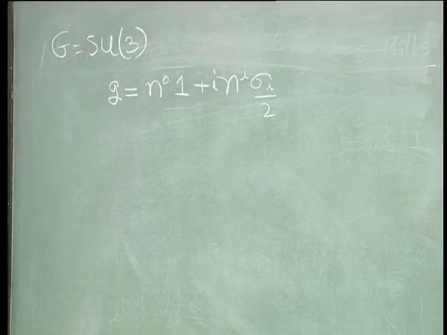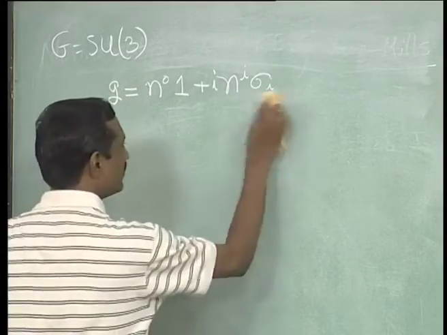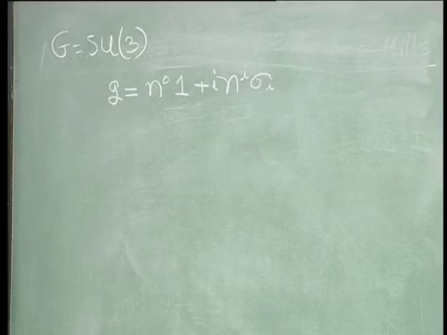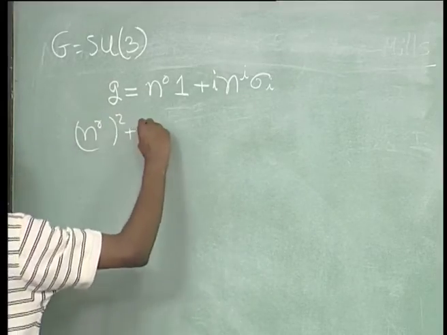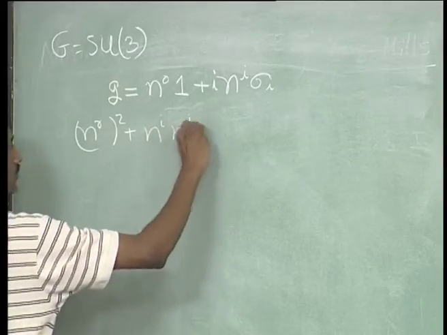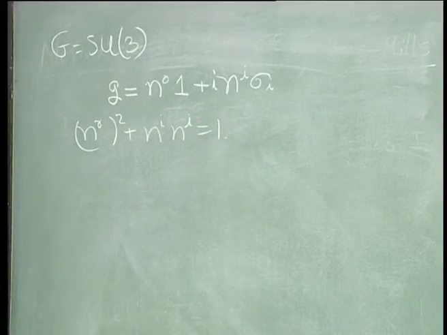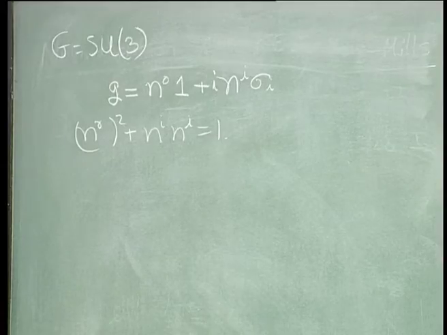Was there a half or not? We saw that this was an arbitrary group element, and N_0 squared plus N_i squared was equal to 1. So the group manifold was an S3, a 3-sphere.